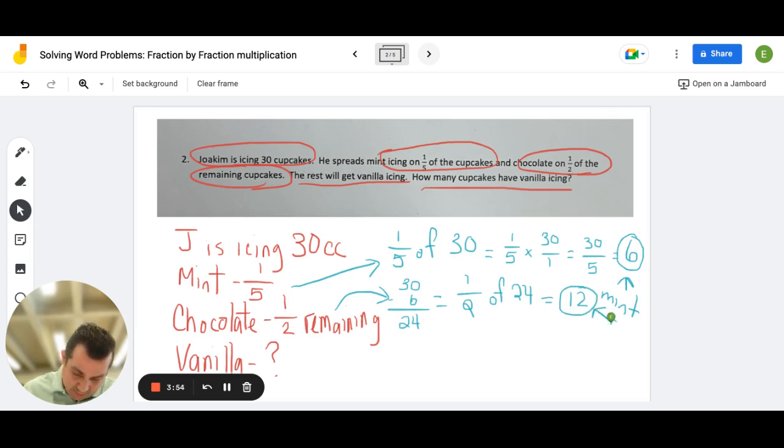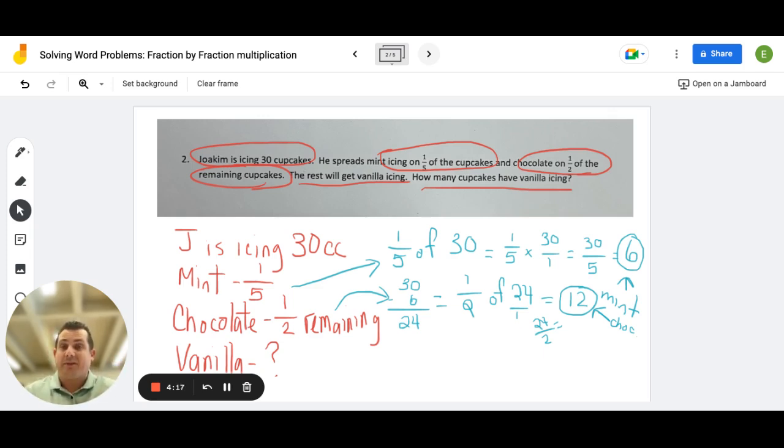And this is chocolate. And if you had to, you could multiply that across and you would see that it's 24 divided by 2 equals 12. Okay? Excellent. So that is 12 get the chocolate, 6 have the mint.